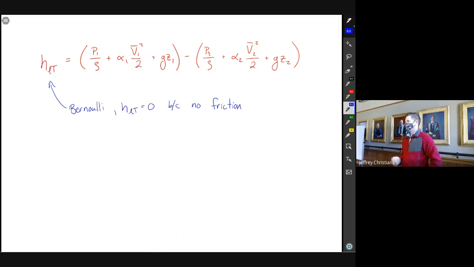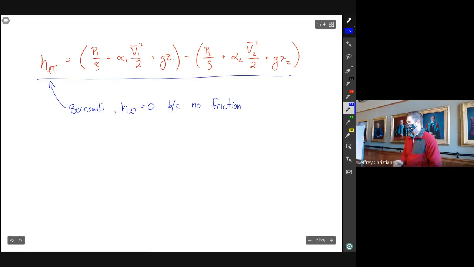It's just we did frictionless. So we said that the head loss was 0. So you don't need to spend any extra time dealing with that. If you understand this top thing, you understand the ideas behind Bernoulli's equation. The only difference is that it's frictionless. So spend most of your time in chapter 8 type stuff.